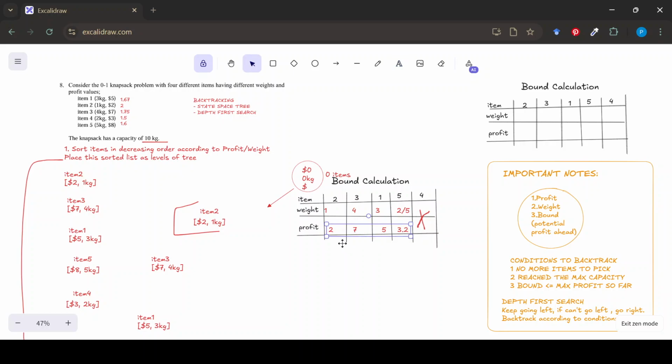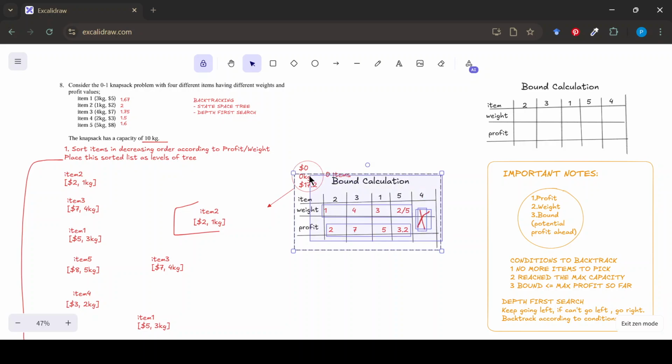Now to get our bound, you just add up these numbers. If you add it up, you will get 17.2. That is how you do bound. You are looking at the potential items you can pick up, and you can also take the fractional weight of an item to satisfy the maximum capacity.